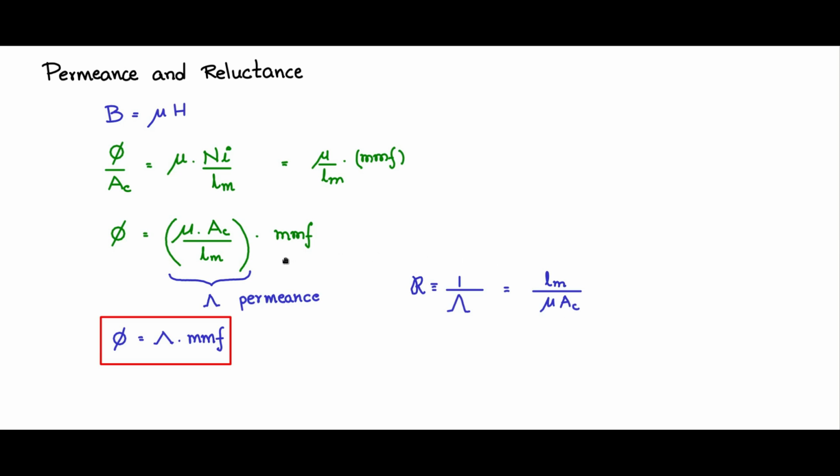Now if you reframe this, you will see that phi is equal to MMF, and this portion comes into the denominator as reluctance. So phi is equal to MMF by reluctance.